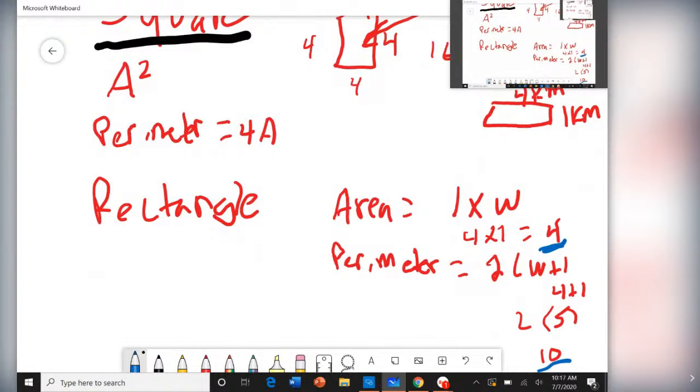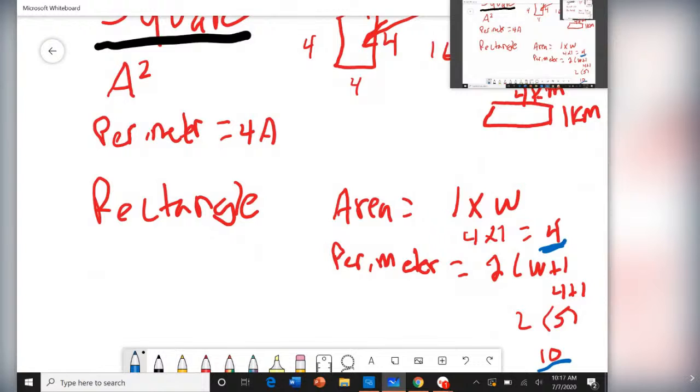Okay, so that's just how we find our area and perimeter for a square and a rectangle. So that should make the homework make a little more sense. And just remember, when you're doing the squares and the rectangles, if you only have two sides, that's fine. Because a square, obviously, every side's going to be the same.